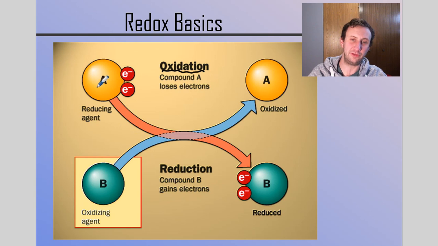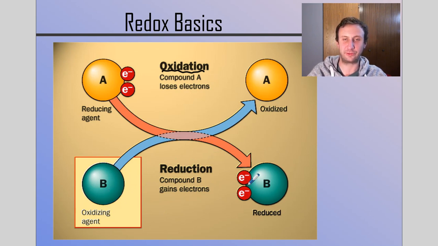So the reducing agent goes through oxidation, which means it loses electrons, and as a result, it becomes a little bit more positive than it was before. It had more electrons here, now it has less, right? It lost electrons. In reduction, the oxidizing agent ended up gaining electrons. It was reduced, so it was more positive over here.